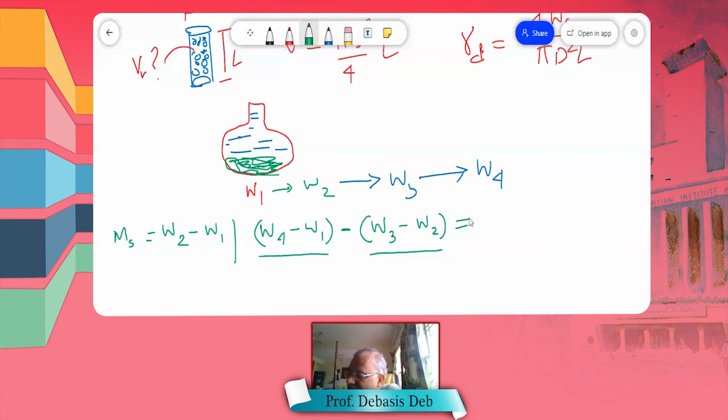Since we are writing in gram per cc, and we know the density of water is 1, if I write the specific gravity of solid as GS, multiplying by that 1 gram per cc will give me this. Everybody got that?